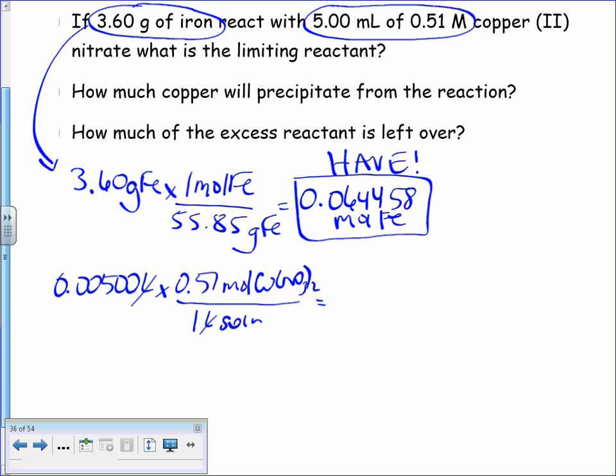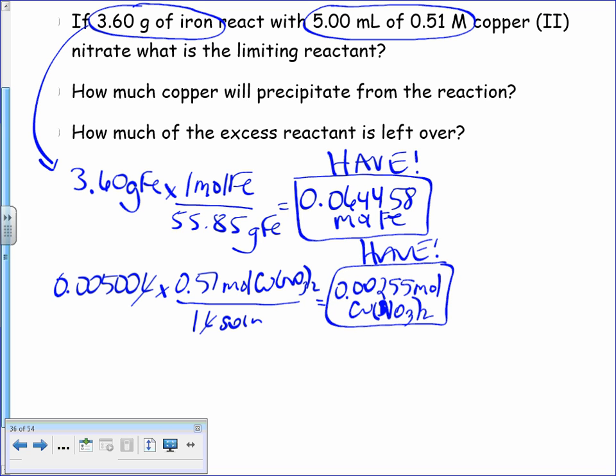What's your mole count? 0.00255 moles of copper nitrate. Guess what, guys? This is how much you have of that reactant.